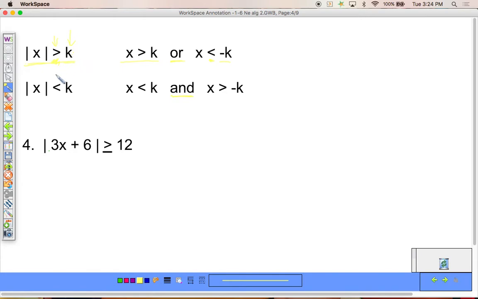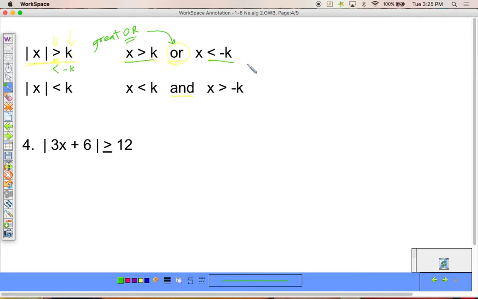We just need to memorize and know that when I have an absolute value greater than for my absolute value inequality, it's an or statement. The way I remember, I'm going to read that as a "great-or" symbol. Absolute value of x is great-or than k. X is greater than k, or x is less than a negative k.